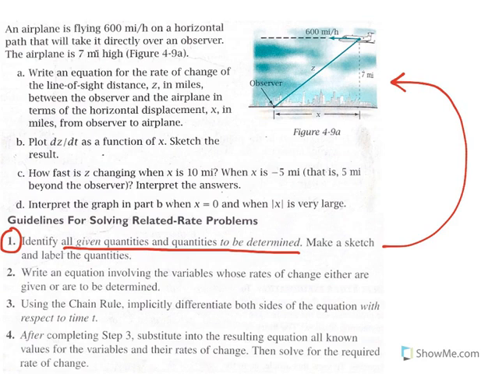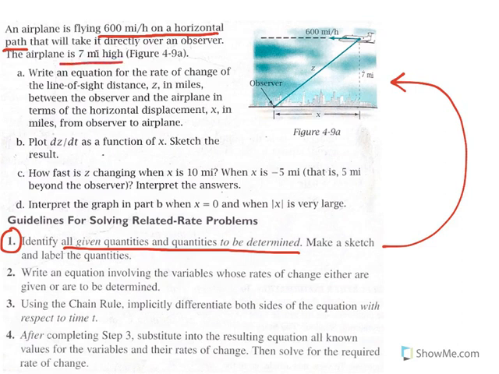So how do we identify all given quantities and quantities to be determined? You have to begin by reading the problem carefully. So we have here an airplane. It is flying 600 miles per hour on a horizontal path that will take it directly over an observer. The airplane is 7 miles high.